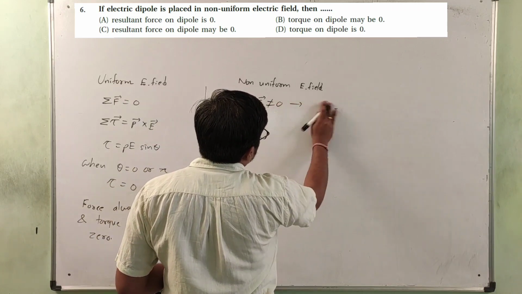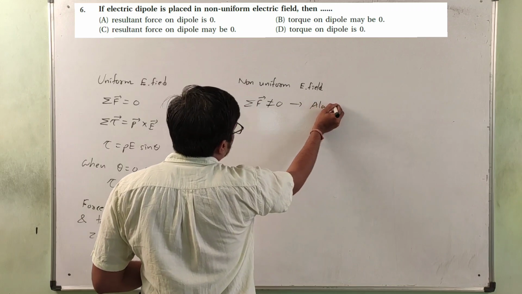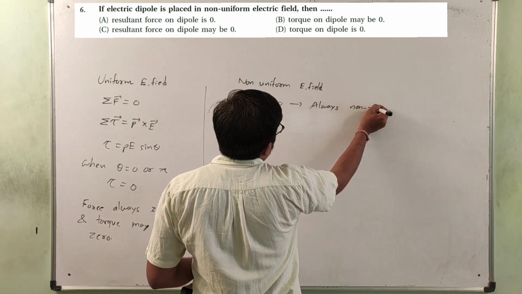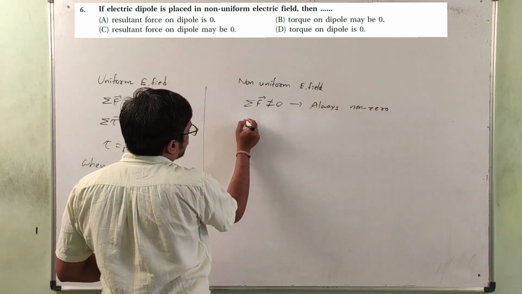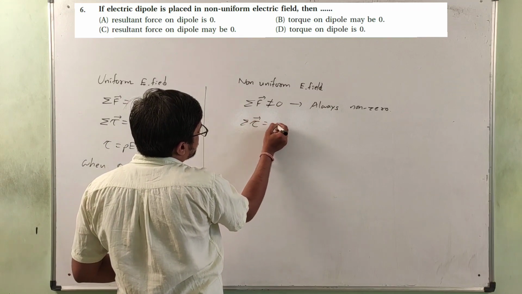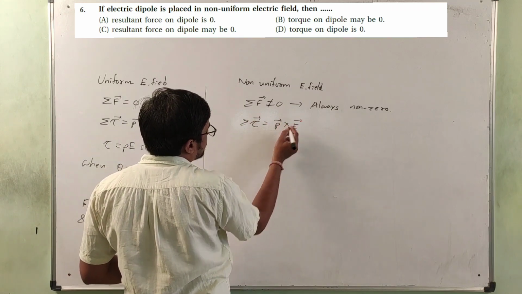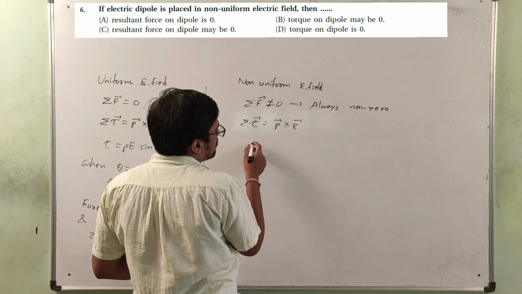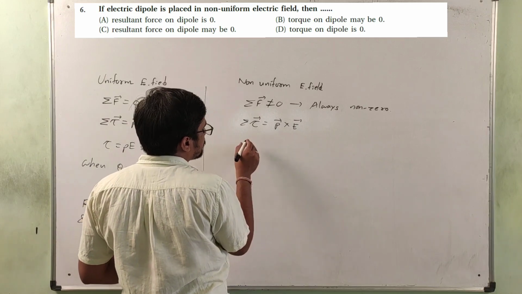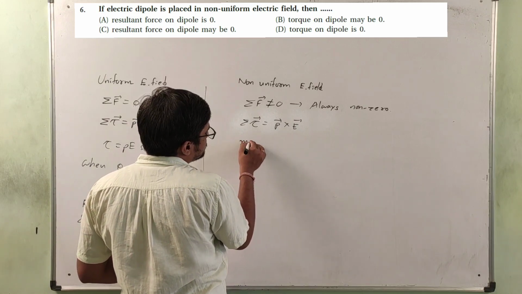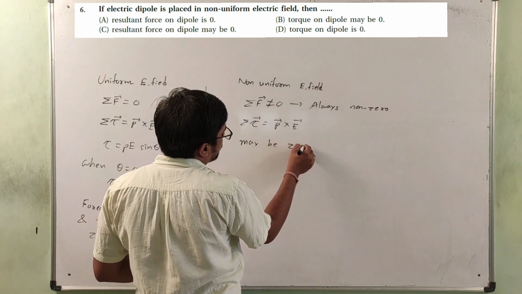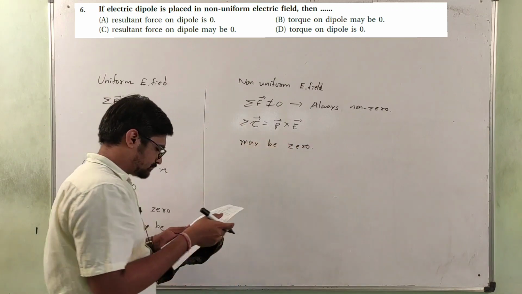And the torque acting on the dipole is similar to the uniform electric field, P cross E, so that may also be 0.